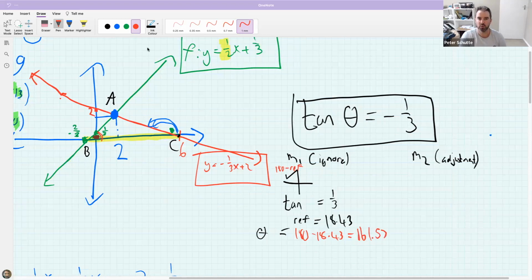Or if you use the adjustment method, you would just leave the minus a third there. Minus a third equals tan theta, no problems. And then what you do is you go shift tan of minus a third.